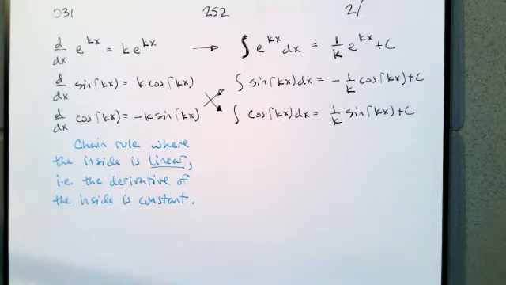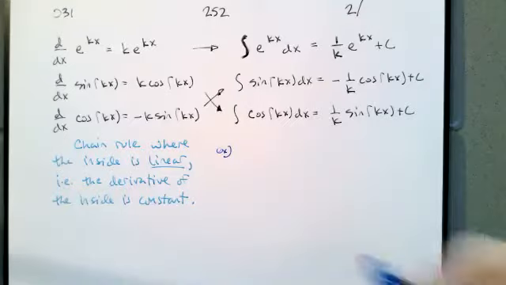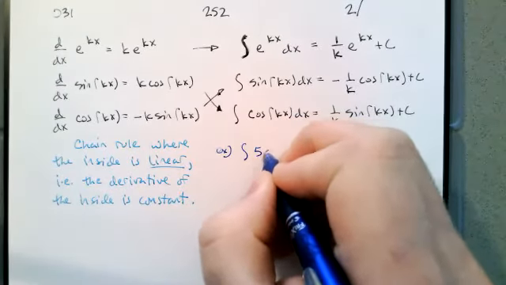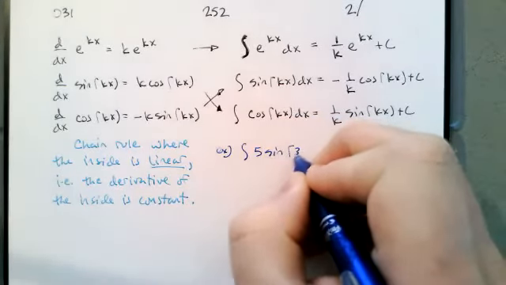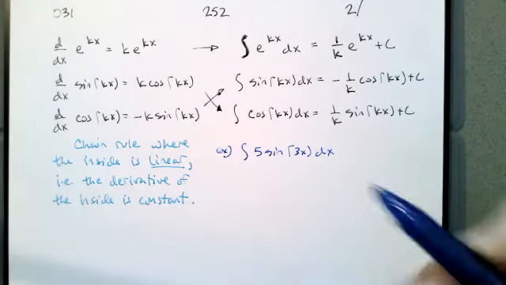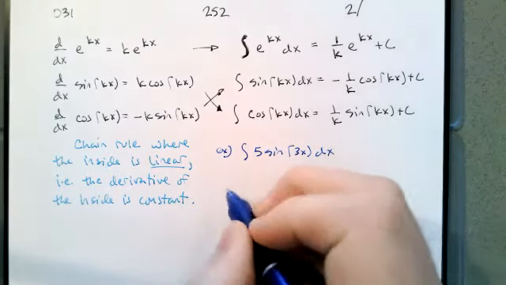So if we wanted to integrate 5 times the sine of 3x dx, the 5 is just a constant multiple, and that will get carried along.